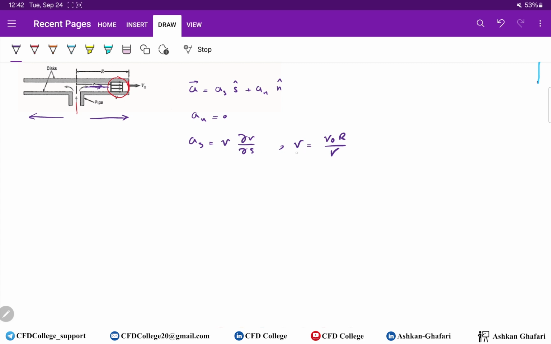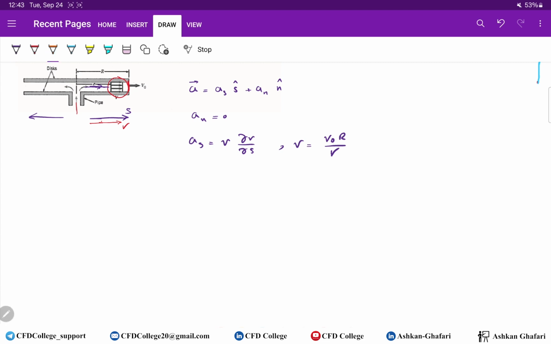Because we need the derivative of velocity with respect to s in order to find a_s. So look at here, this is the streamline and this is the R coordinate. Since S and R are in parallel, delta R equals delta S.